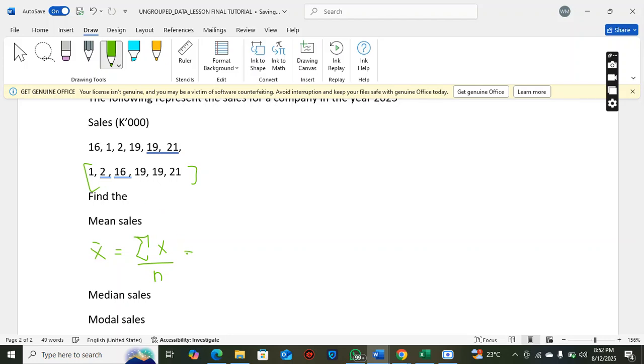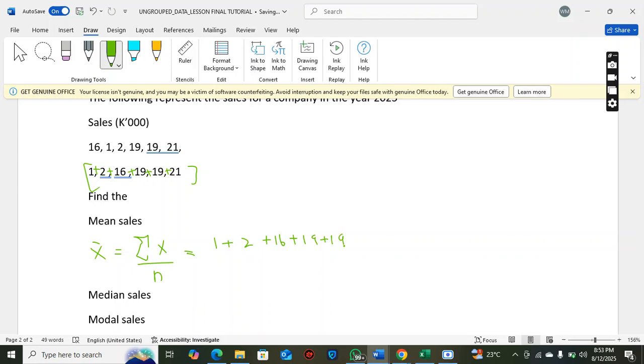So let's get our calculators. 1 plus 2 plus 16 plus 19 plus 19 plus 19 plus 21. What do we get? 78.